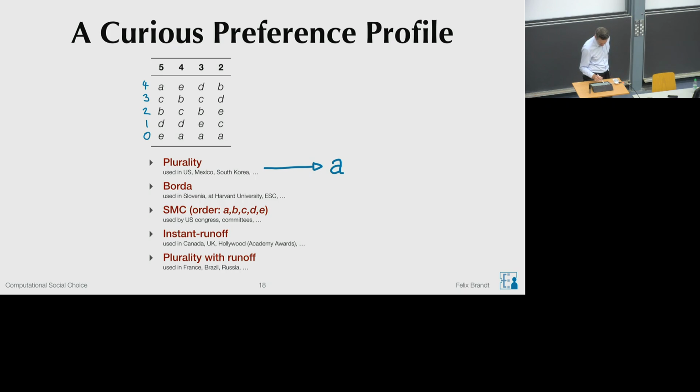The Borda score of B would be 5 times 2 plus 4 times 3 plus 3 times 2 plus 2 times 4. Okay, yes?